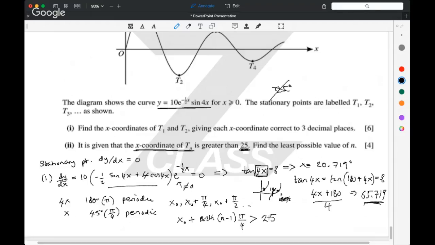Just ask your calculator to do radians for x naught, which originally gave us the 20.71 whatever degrees. You solve this and you will get that n is greater than 32.3 or something, and therefore the smallest n is 33. And there we go. Please let me know if you have any questions, and I really hope that was largely clear. Good luck.